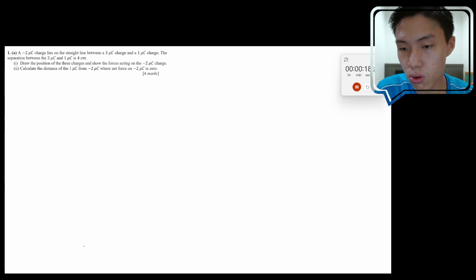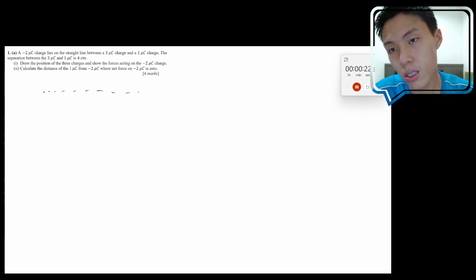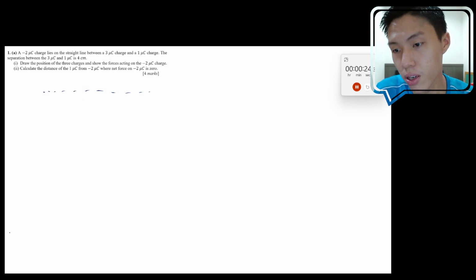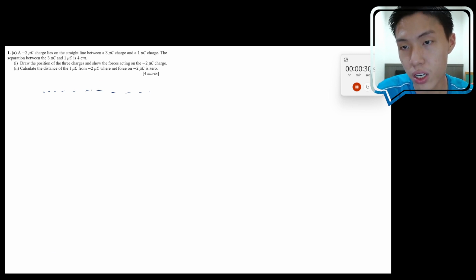Okay, so you would have a straight line. Let's use another color. A negative microcoulomb charge is lying between two charges, so in the middle you have a negative charge, and on both sides you have the 3 microcoulomb charge and the 1 microcoulomb charge. Let's label everything.